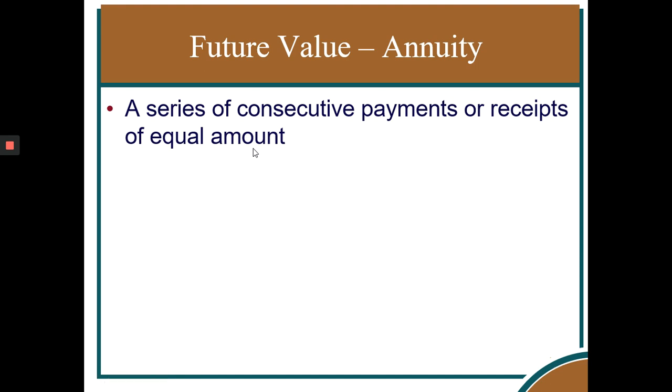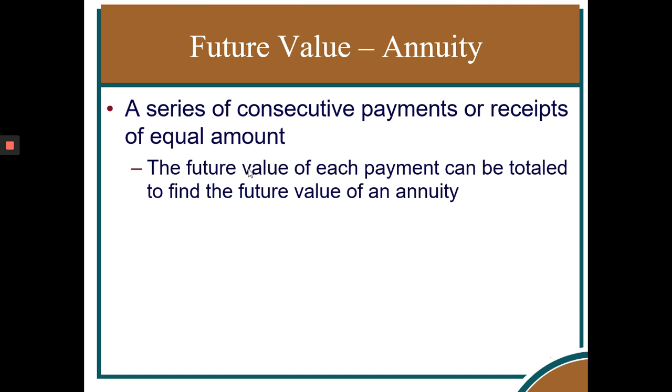Another important fact is it has to be equal amount. If I say 1,000 year one, 2,000 year two, 3,000 year three, you no longer can use this formula. It has to be equal amount. Let's say 1,000, then the next years are also 1,000. Only then can you use the formula.